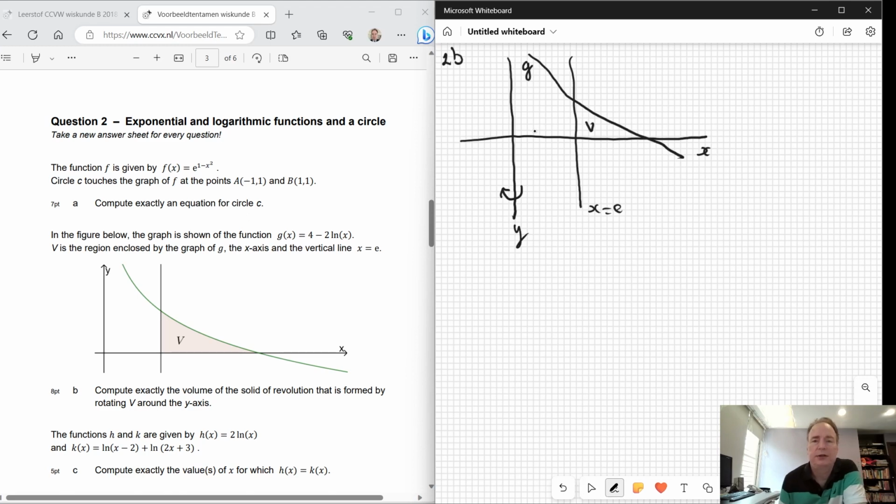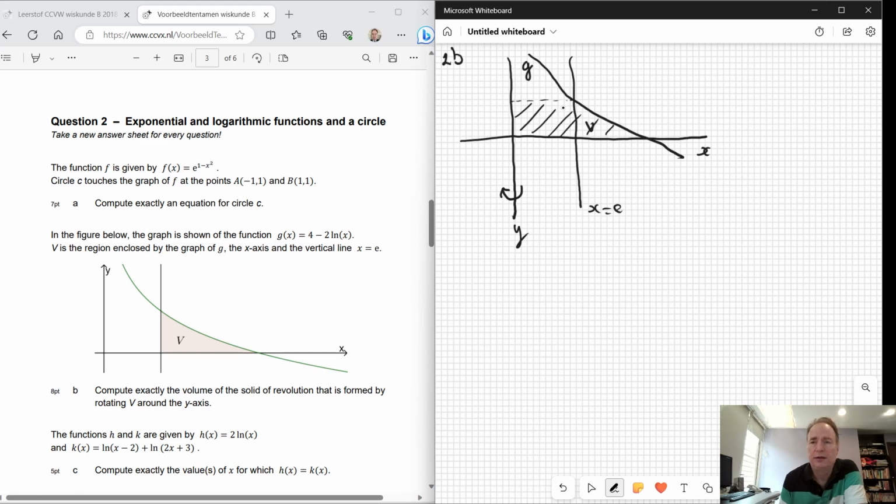Now let's first look at what you get if you just rotate a function g around the y-axis. That would give you this complete solid of revolution.